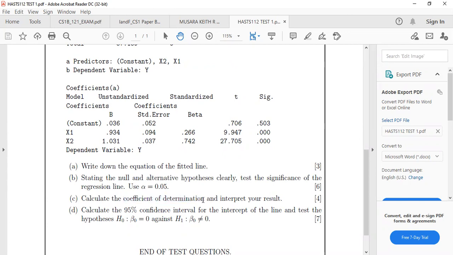So it's 99.96. Can you get somebody who interprets the coefficient of determination? There are two approaches that you can use to interpret the coefficient of determination. What's the first? One can say in approach first.